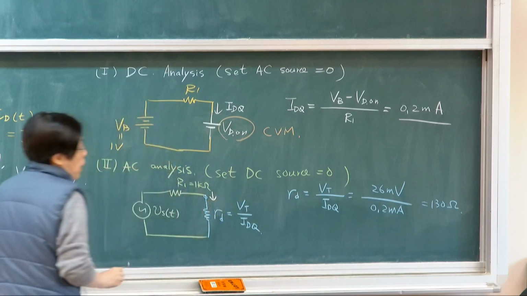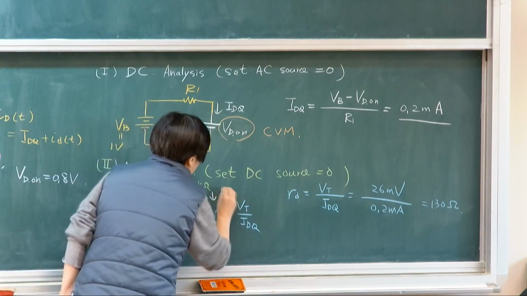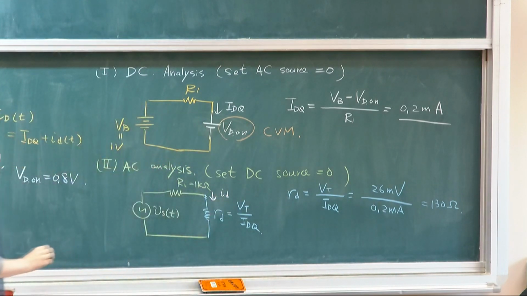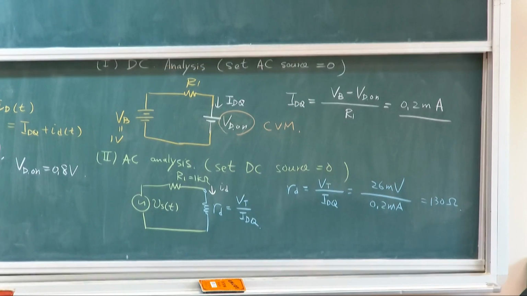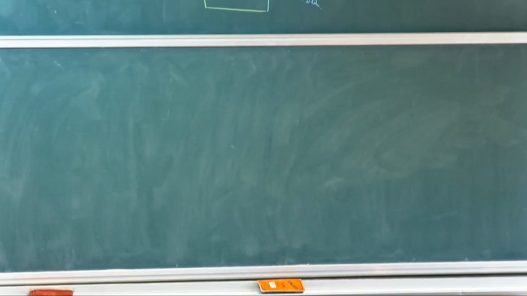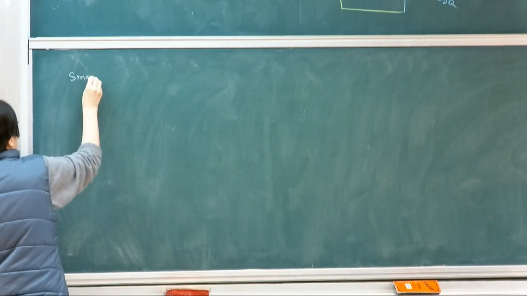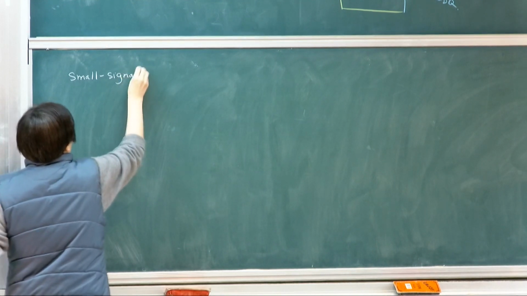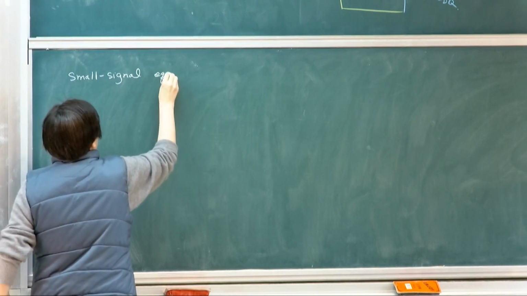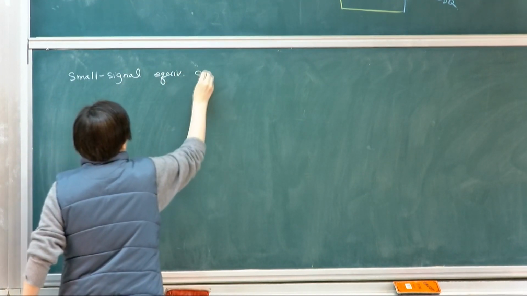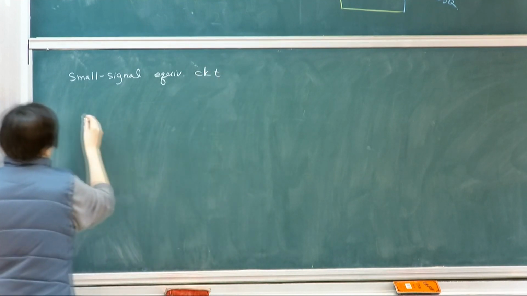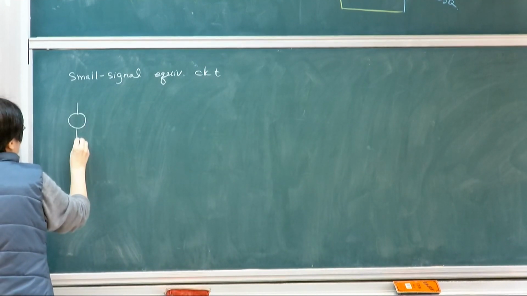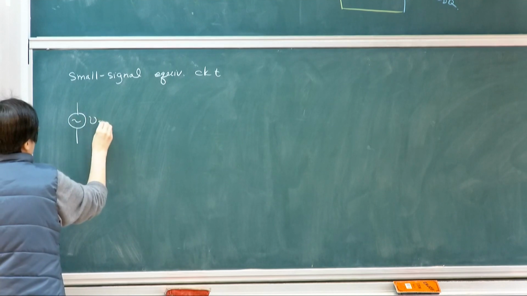Remember what we're trying to find. We're trying to find ID, corresponding ID, right? So let me redraw this again. This is called the small signal equivalent. You're only dealing with the small signal equivalent circuit. It will be something like this. You start with a V source.